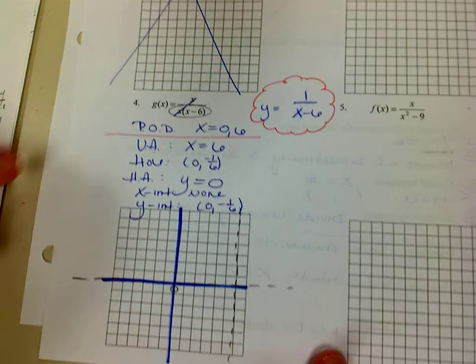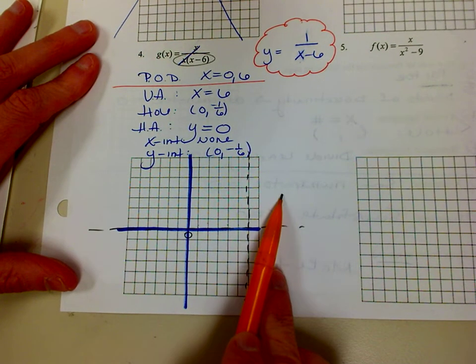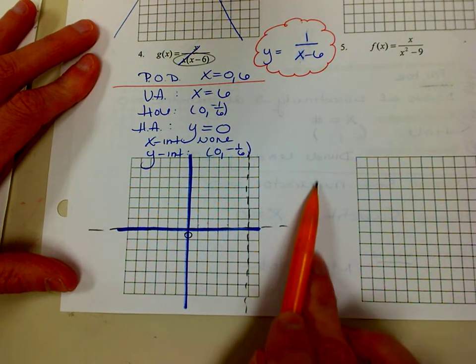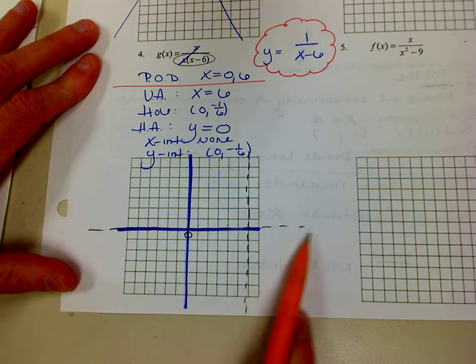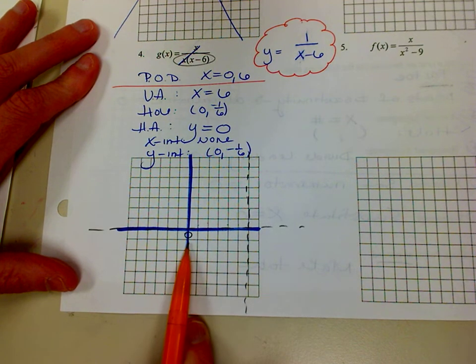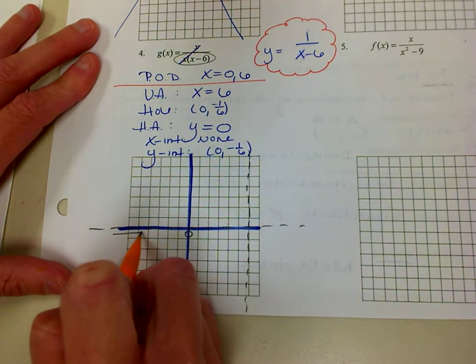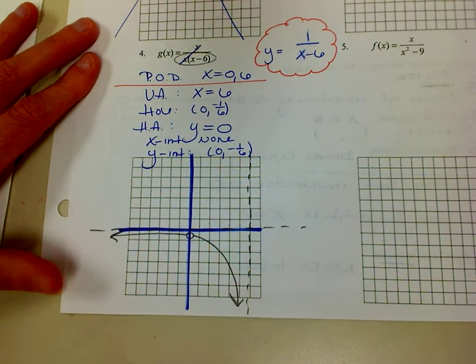Okay, so my two asymptotes broke up my graph into 4 regions. I have one here. I look at the dotted line. So based upon these dotted lines, I have 4 regions. I have top right, top left, and bottom right. Since I have a point in the bottom left, that's where one part of my graph is going to be. I just follow the asymptotes.